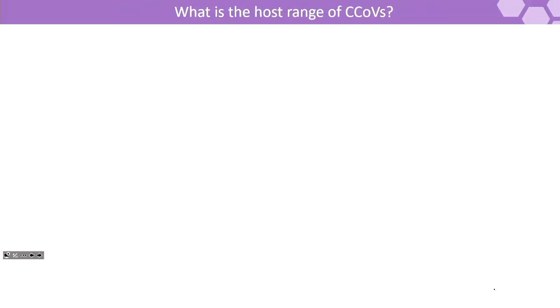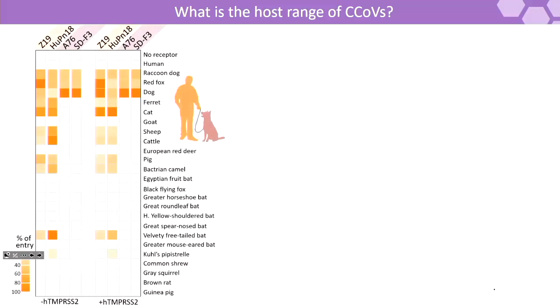So the second case study I want to show you concerns canine coronaviruses. Our algorithm selected two canine coronaviruses that you can see here in red, A76 and SDF3, but we also included two canine coronaviruses with pandemic potential that you can see in orange, Z19 and UPN18.